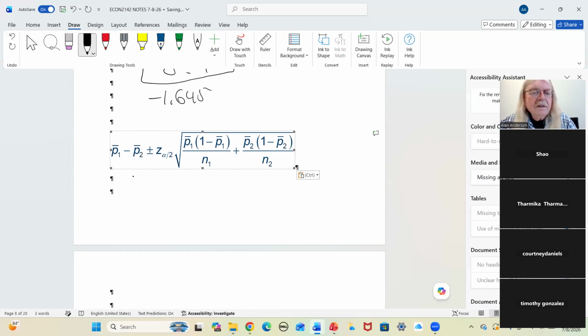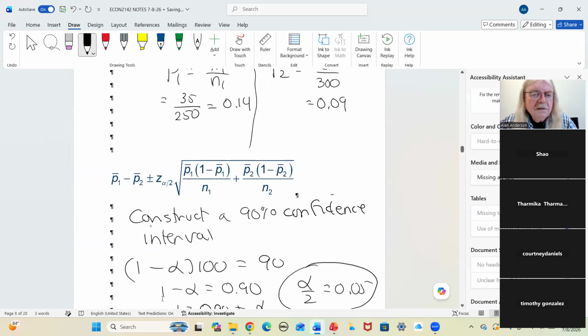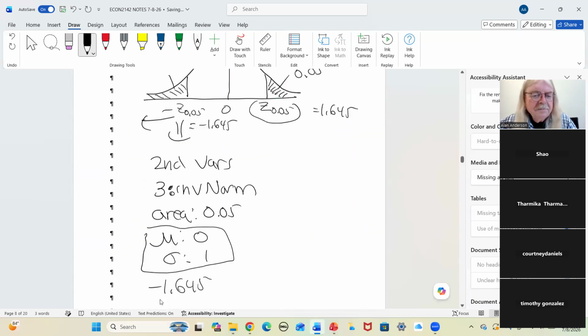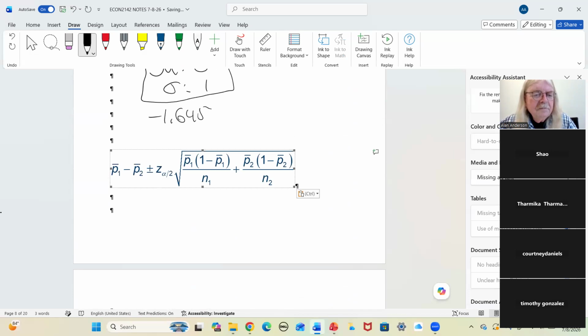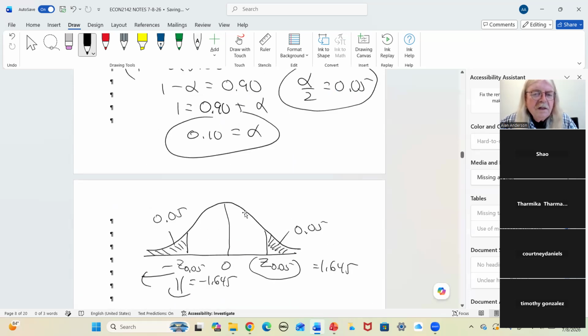All right, so let's do some substitutions. Remember, P1 is 0.14. P2 bar is 0.09.